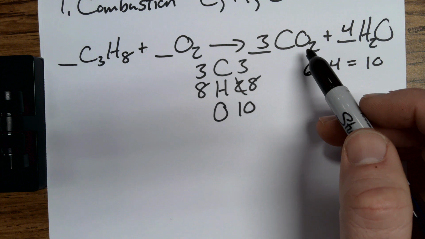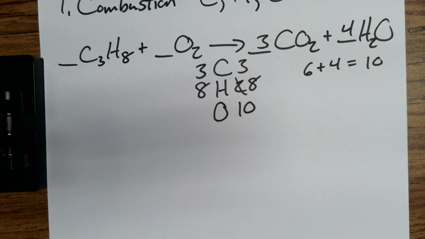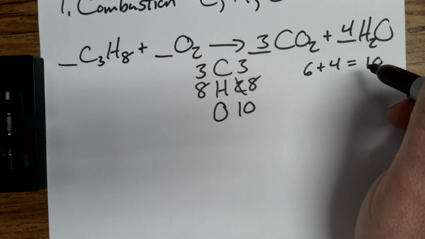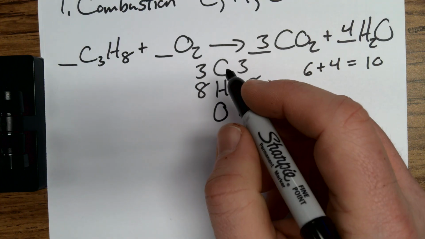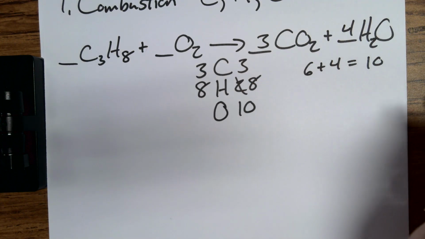Guys, do I have oxygen in water? Remember, I'm counting all the atoms in my product. All the oxygen atoms have to add up to how many oxygen atoms I have on my other side. So I have to count all of them.